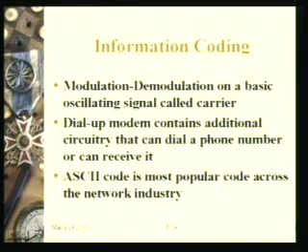ASCII code is the most popular code across the network industry. In addition, you also have digital means of passing signals, the digital signals, and one of the most common ways of coding it is Fourier transform. Anyway, that is beyond this particular talk. So let us move on.